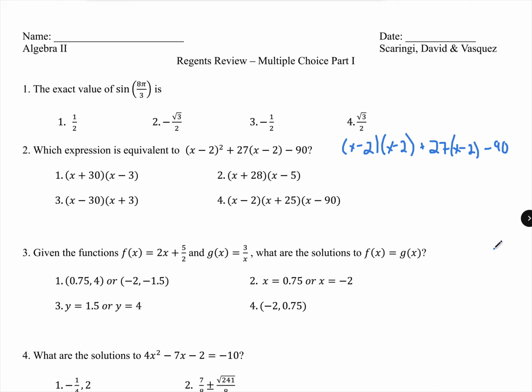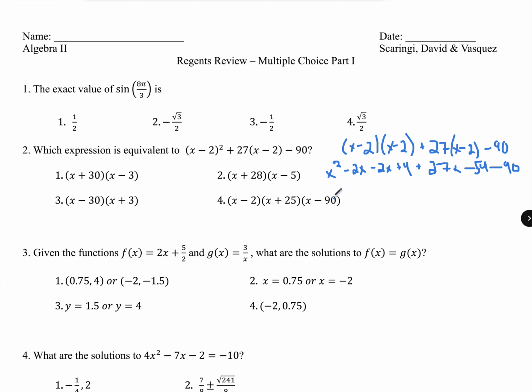If I think about this, I'm just multiplying my first two terms together. That's going to give me what? If I do FOIL, x squared minus 4x, whoops, actually minus 2x because I skipped a step, minus 2x, minus my inners, which is another minus 2x. Minus 2 times minus 2 is positive 4. Here I'm just distributing, so I'm going to say plus 27x minus 54 minus 90.